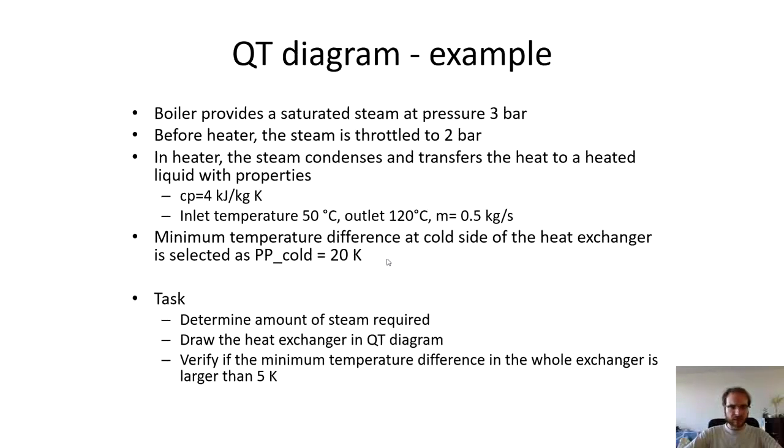Also, which is not written here, we want the heat exchanger to be counterflow type, and the task is to determine the amount of required steam, draw the heat exchanger in a Qt diagram, and verify whether the minimum temperature difference in the whole heat exchanger is at all points larger than 5 kelvins.